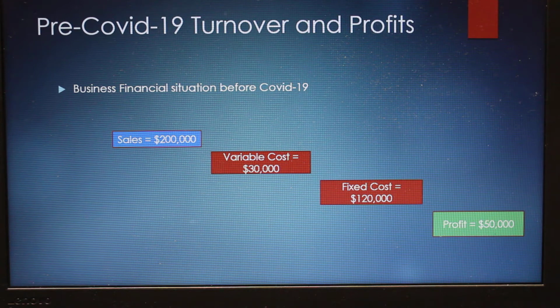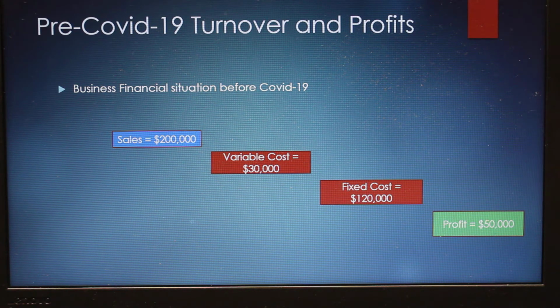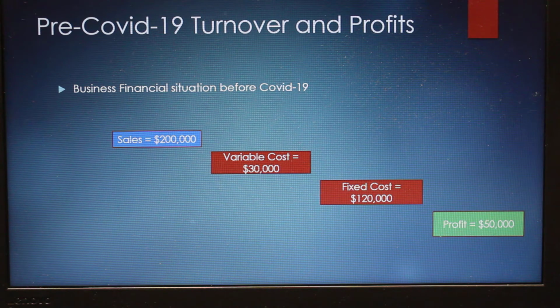When the business sells goods, based on volume, it will get sales. Variable costs, in some instances, is a function of the units bought that we intend to sell, or some other cost-related driver that also is a function of sales, or operating related costs. And so that is variable costs.